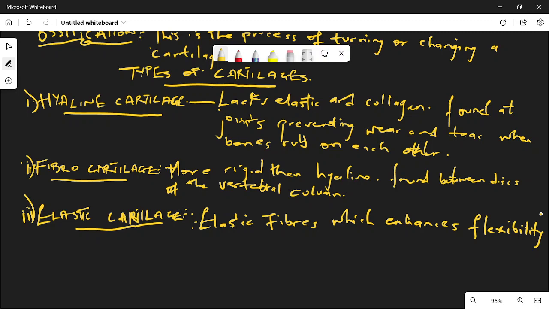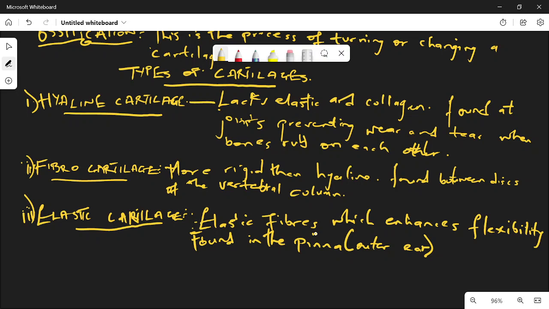We can find the elastic cartilage in the pinna, that is the outer ear.